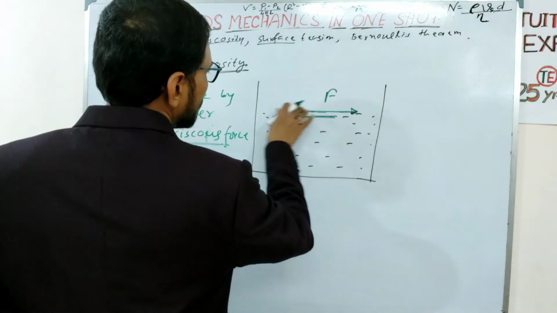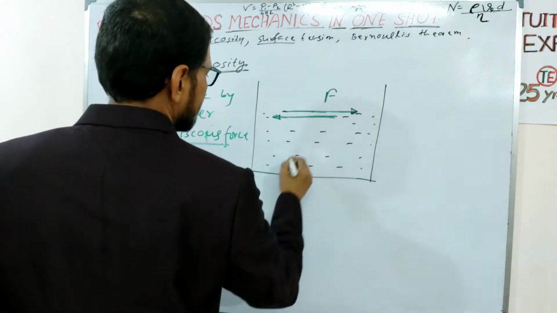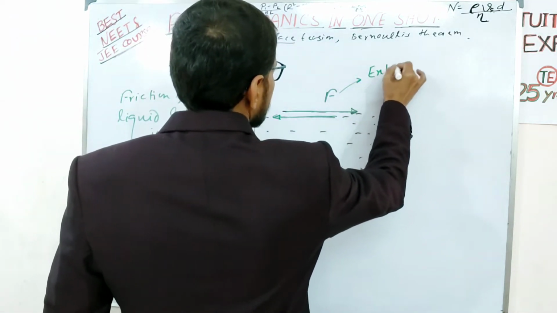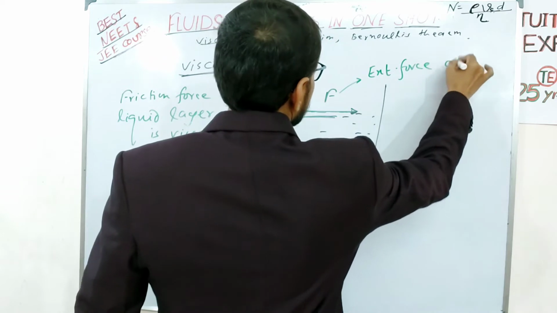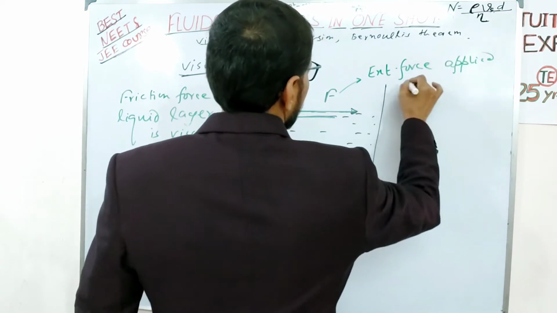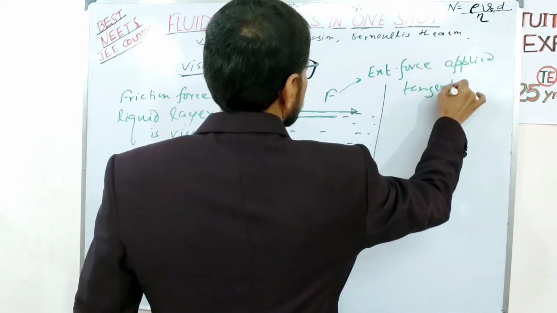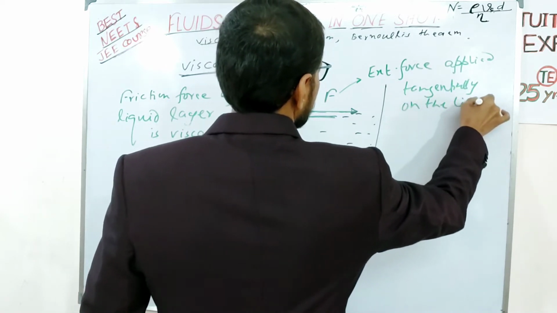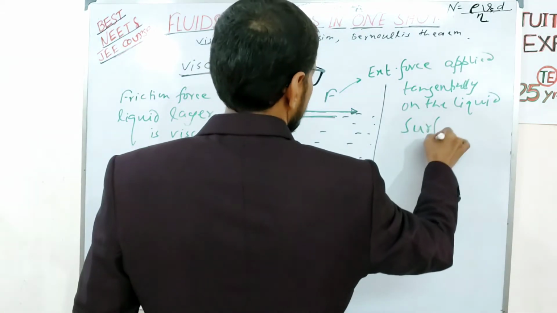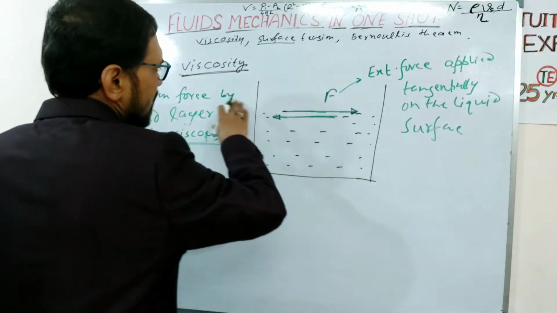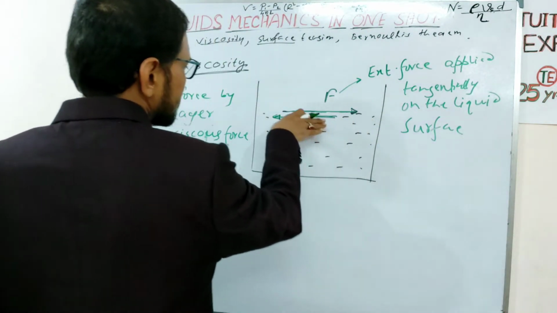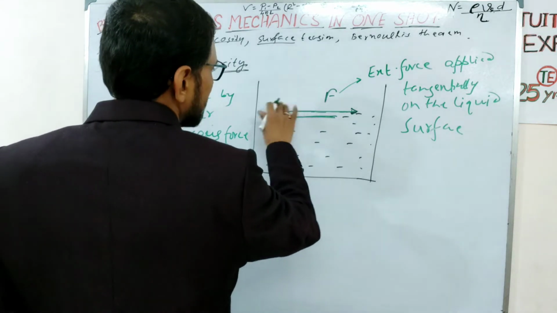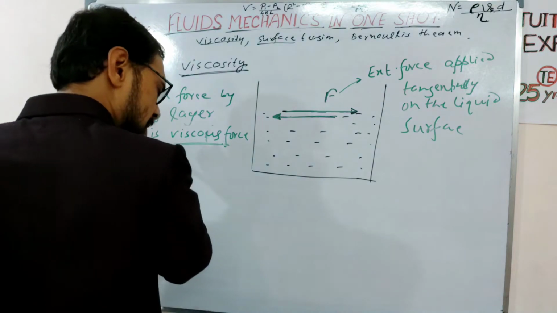And when an external force is applied tangentially on the liquid surface, the surface layer just below that surface tries to oppose the motion of the upper surface.